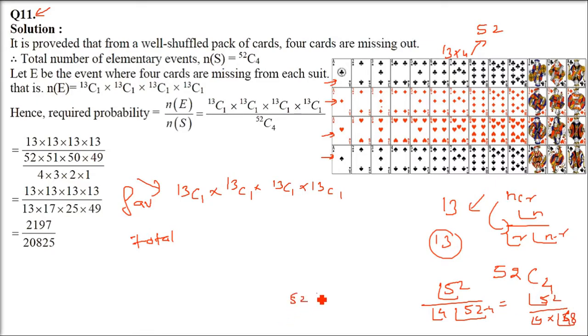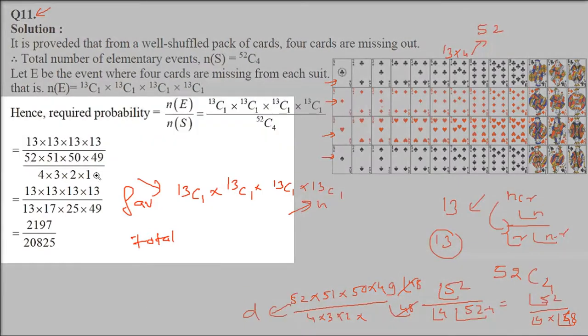So how to do this? We are going to use 52, 51, 50, 49 divided by 4 into 3 into 2 for factorial 4. And factorial 48 gets cancelled. So what do you get here? This you have to put in the denominator.